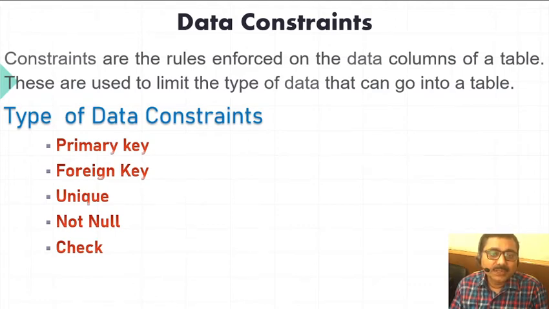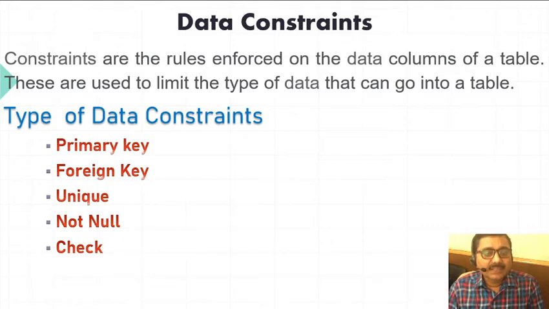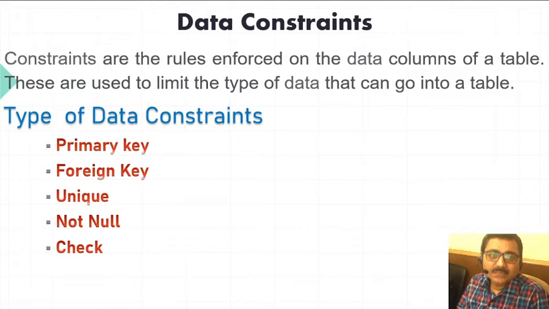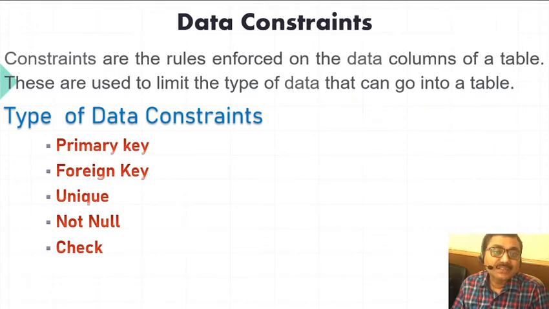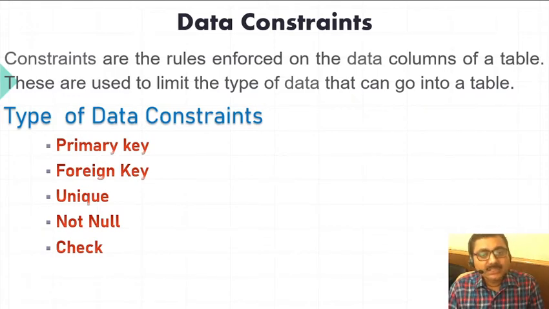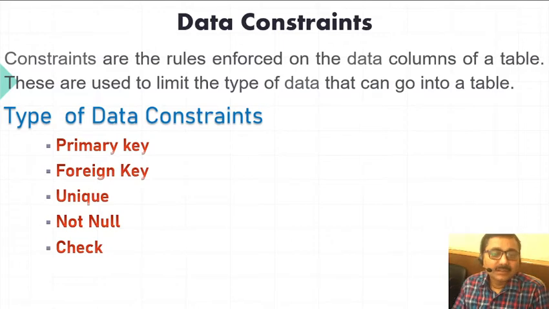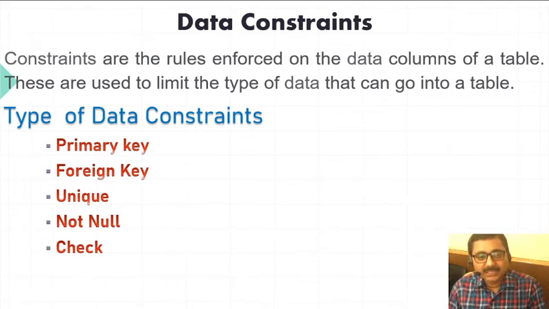So we'll have a separate video for primary key in detail, foreign key in detail, check constraint in detail. But I will create a table for your understanding, which will have a primary key constraint, a unique key constraint, and a not null constraint, right? And the rest you will find in upcoming videos.